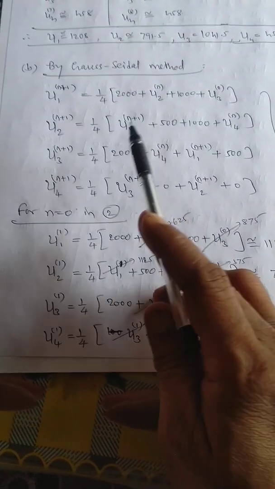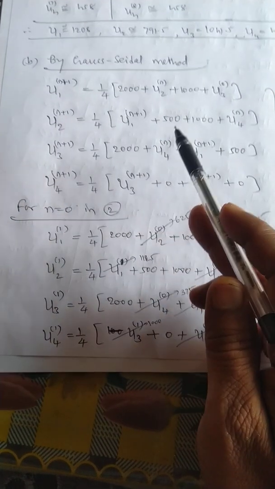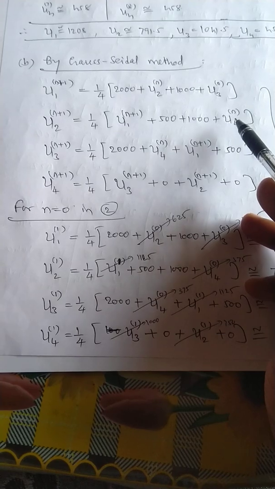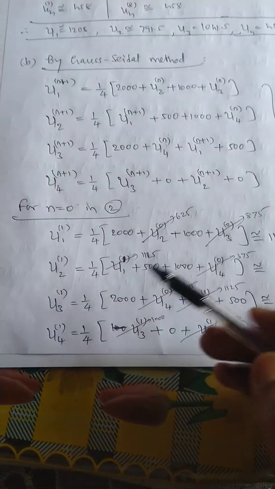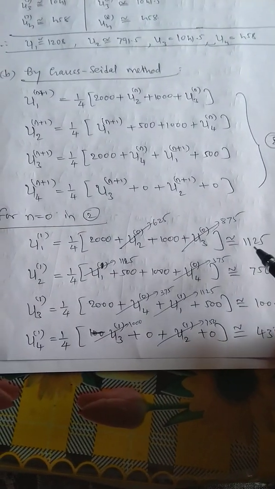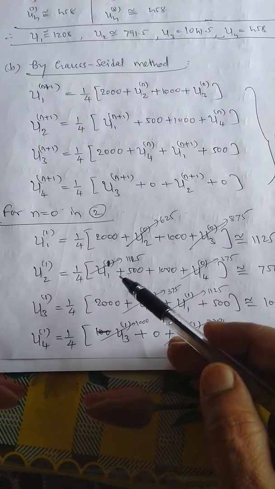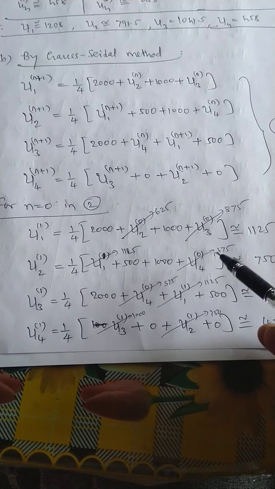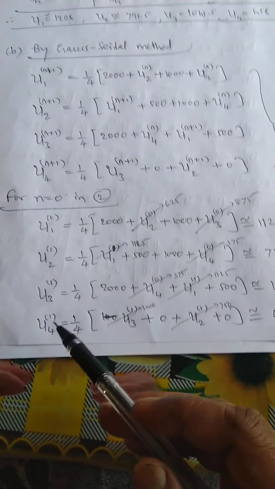And U2(1), putting n equal to 0, we have U1(1) plus 500 plus 1000 plus U4(0). Substituting for U1(1), which is 1125, plus 500 plus 1000 plus U4(0), from initial values 375. Substituting and simplifying, we have 750.